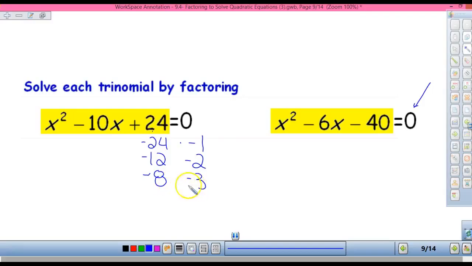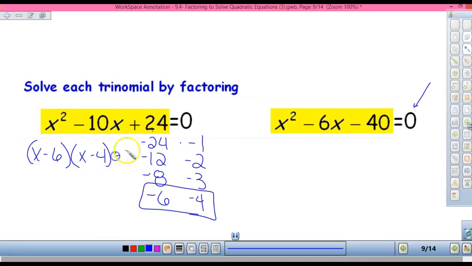That adds up to negative 11, so that still doesn't work. We have negative 6 and negative 4. That does add up to negative 10, so we know that that's what we have to use. So it's going to be x minus 6 and x minus 4 equals 0.